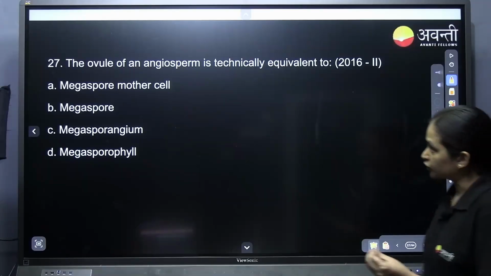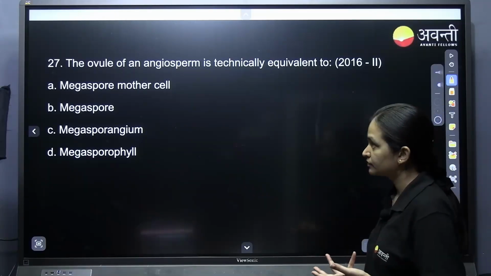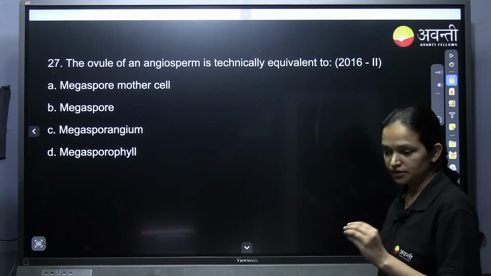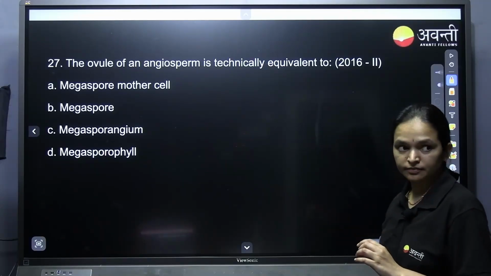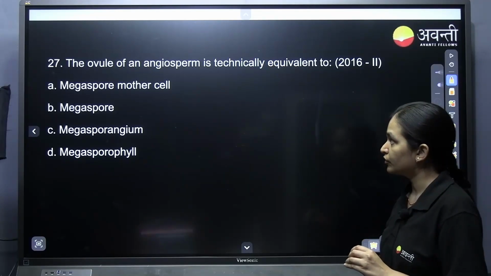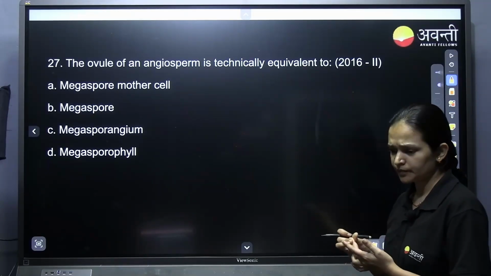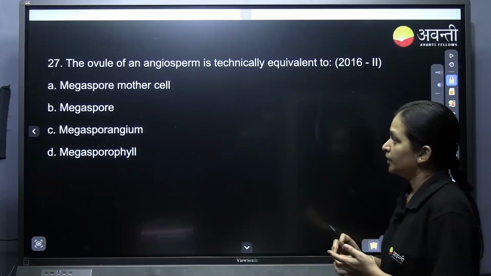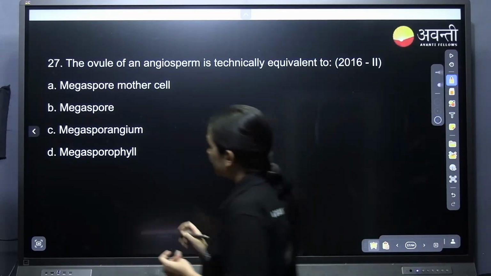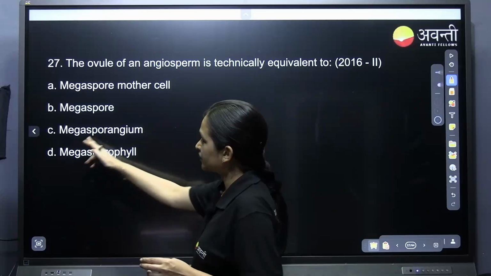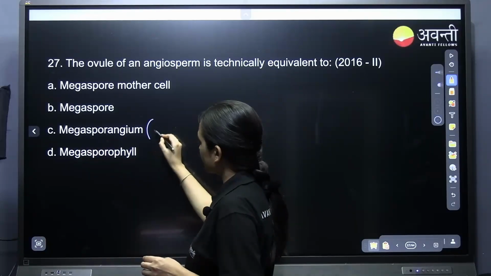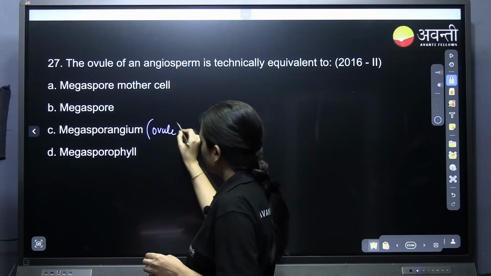The ovule of an angiosperm is technically equivalent to megasporangium. If you see in the textbook, they have given megasporangium, and in the bracket they have given ovule.